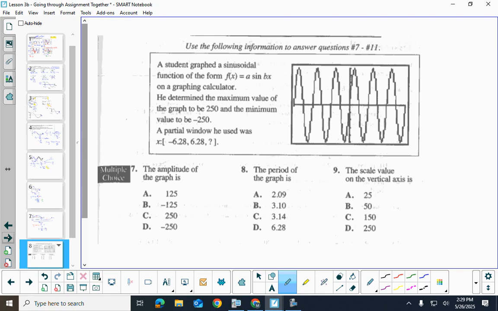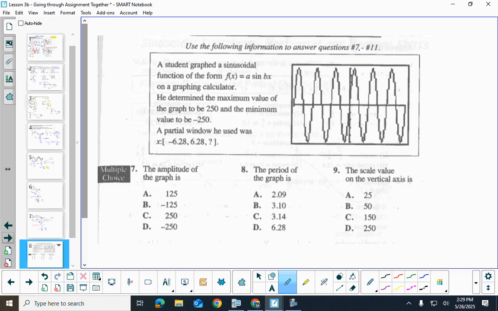Okay. 7, 8, 9, 10, and 11 are all from this one picture. Okay, so it's all from this one little diagram. So what they've done here is they have used the graphing calculator to graph this. We are not going to use the graphing calculator. Okay, we're just going to guess this thing, not guess it, but go from the details.